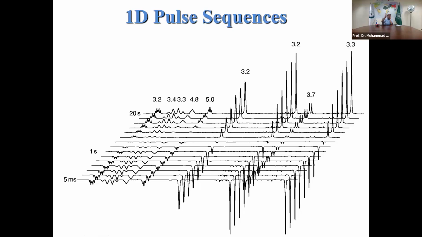Every time you give a 90 pulse after a time delay, you see these vectors at different positions, right? And as a result, from full negative signal to full positive signal is T1 time. Now, this is what is called relaxation by spin lattice, T1 time.